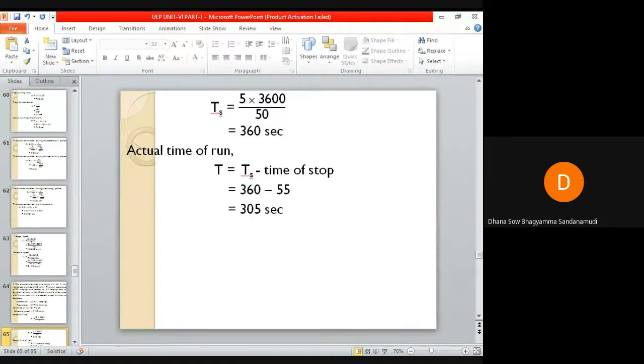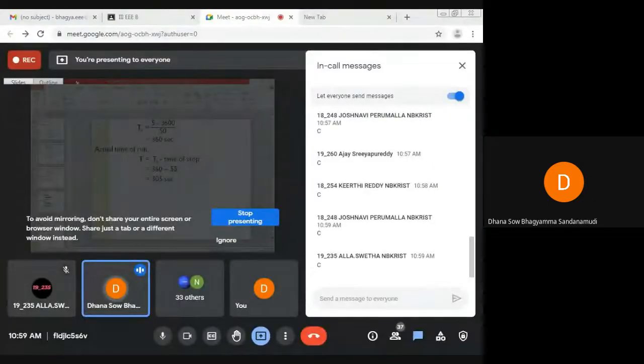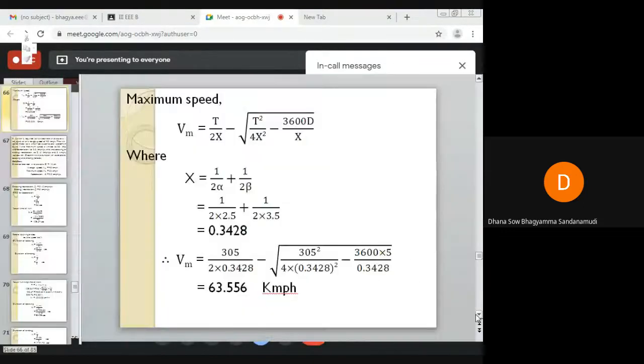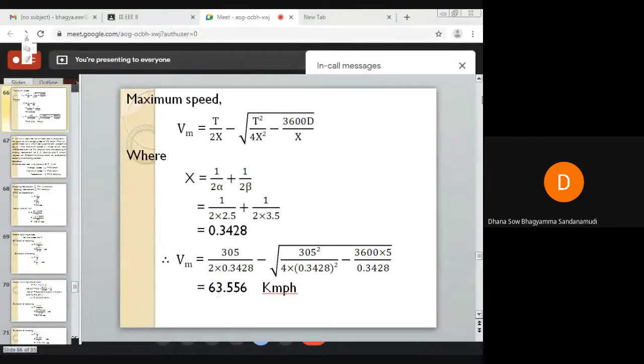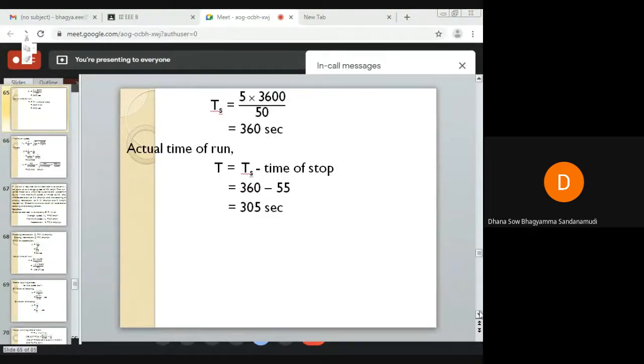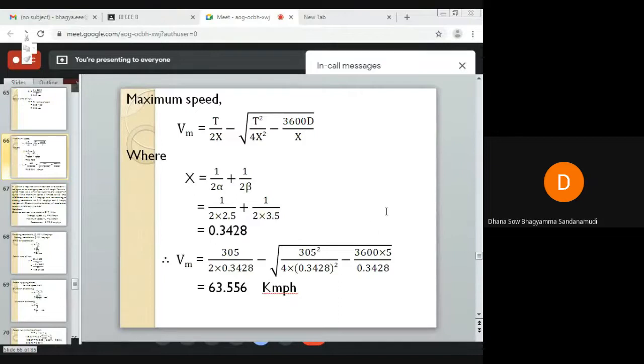Completed? Okay. Now, the maximum speed formula we already know, that is Vm equal to T by 2x minus root T square by 4x square minus 3600 D by x, where x is 1 by 2 alpha plus 1 by 2 beta.